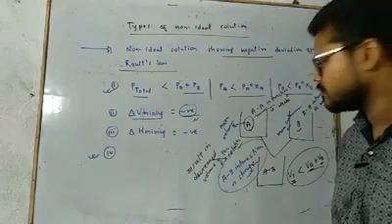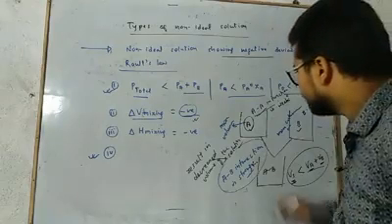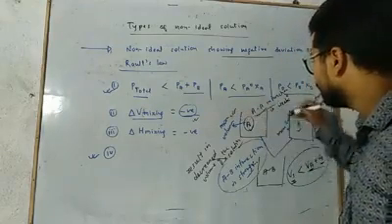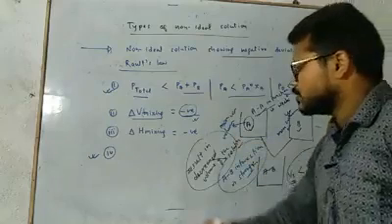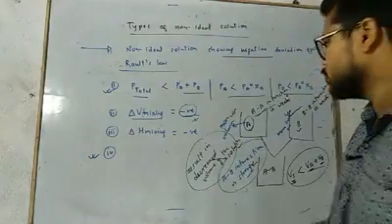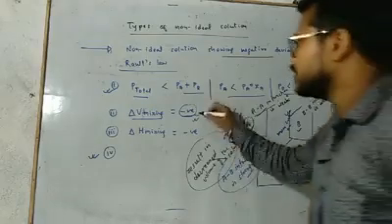Now you can see here, volume is more here, so more volume plus more volume, and the resulting volume of the solution is less. So we will say Va plus Vb is greater than Vs, or delta V mixing will be negative.